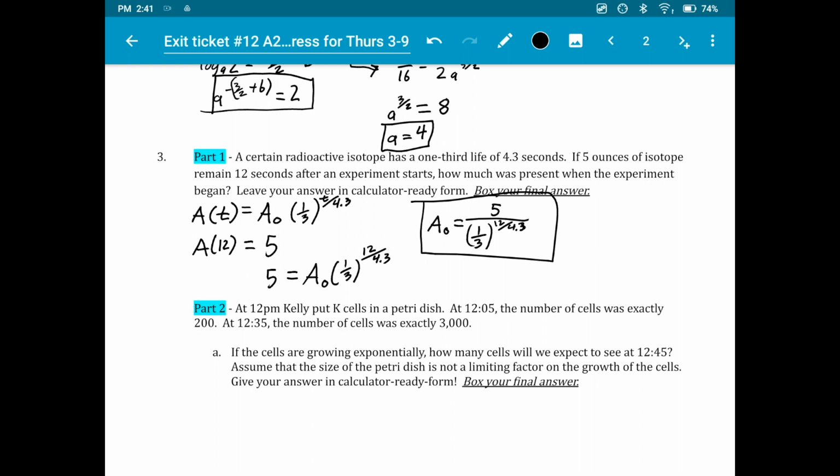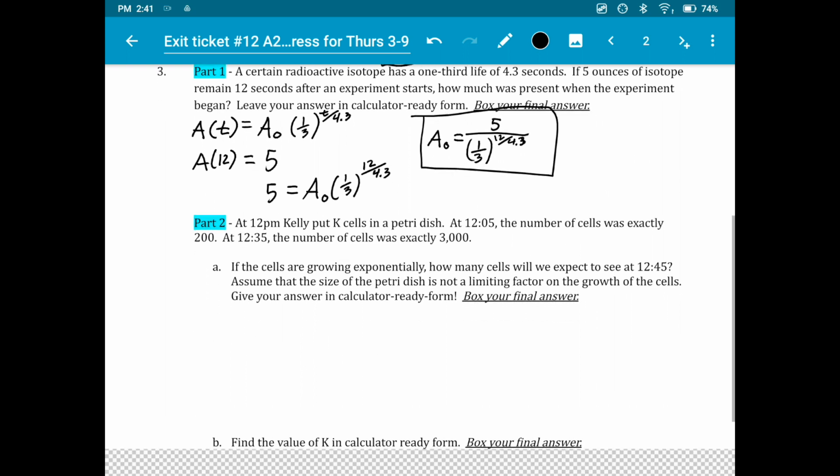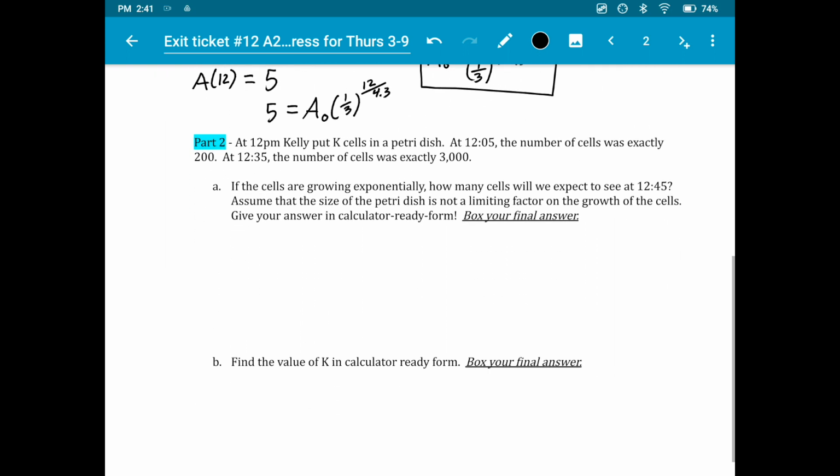Now, part 2 of this question, we're using the same kind of ideas. This time we have some kind of a petri dish. At time 5, after 5 minutes it has 200 cells. After 35 minutes it has 3,000 cells.